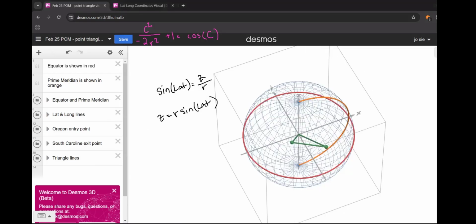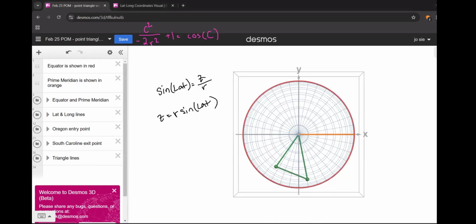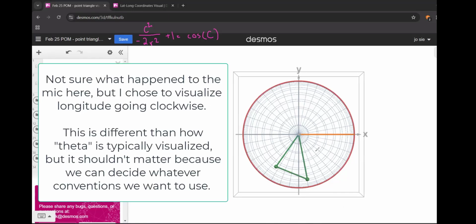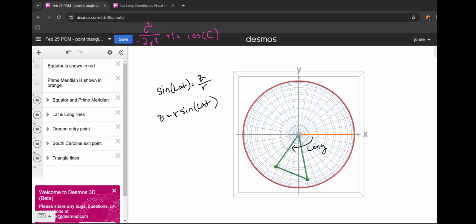So first, let's talk about the angle. So our longitude is going to move us clockwise. And so it actually gives us this angle, not the angle in the triangle that we're working with, which isn't a big deal, but I'm gonna want to use this triangle.